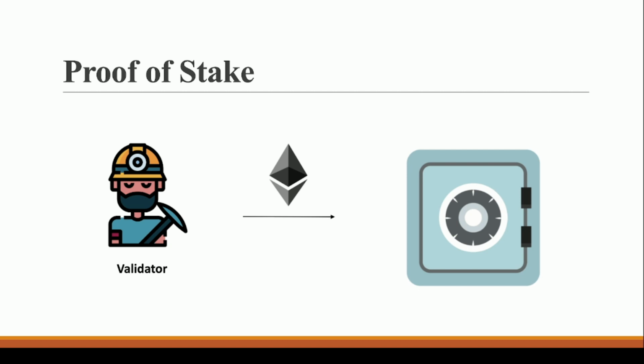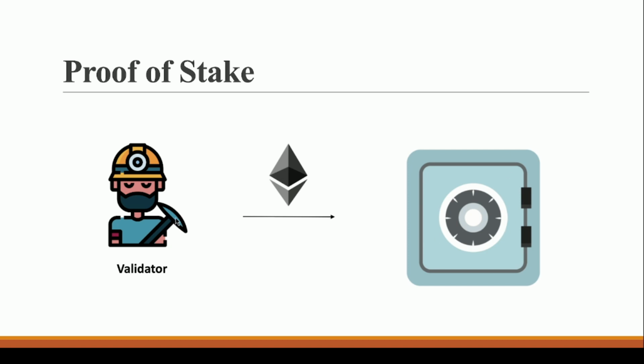In proof of work, miners were solving some mathematical problem in order to mine a particular block. In the same way, after staking these ethers, these validators can now mine for the Ethereum blockchain. Let's say this validator who has staked his ether mines an Ethereum block and adds it to the Ethereum blockchain.